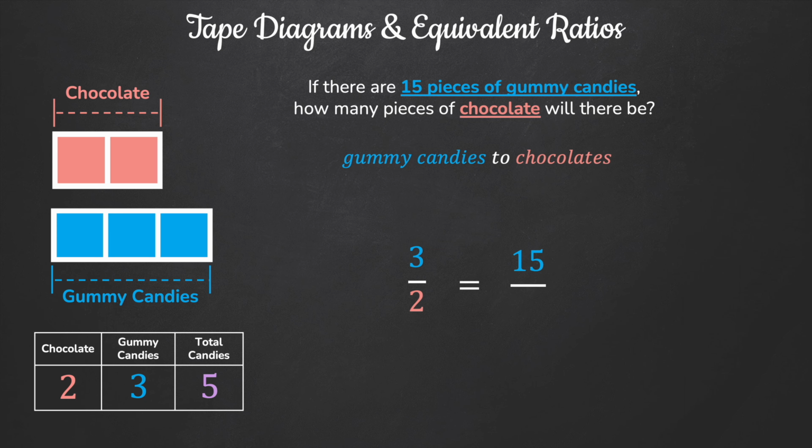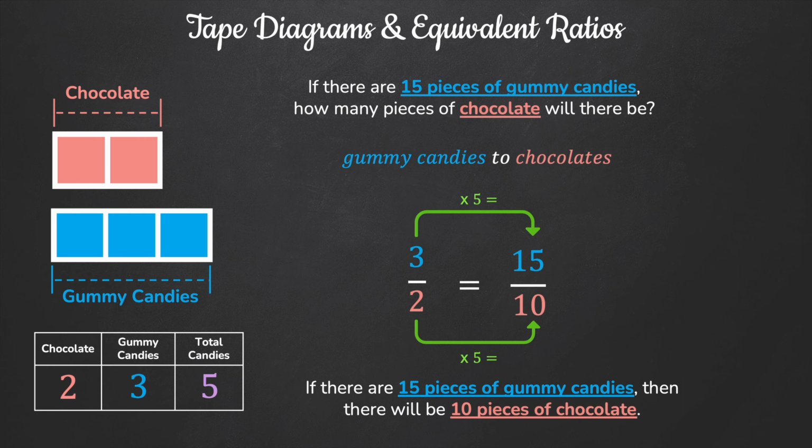So we ask ourselves, what can we multiply 3 by to get 15? Well, 3 times 5 is equal to 15. So in order to maintain an equivalent ratio, we have to also multiply 2 by 5. So 2 times 5 is equal to 10. So that means if there are 15 pieces of gummy candies, then there will be 10 pieces of chocolate.